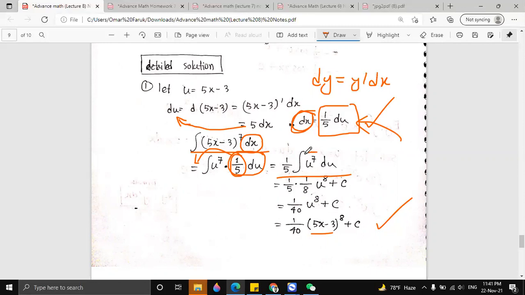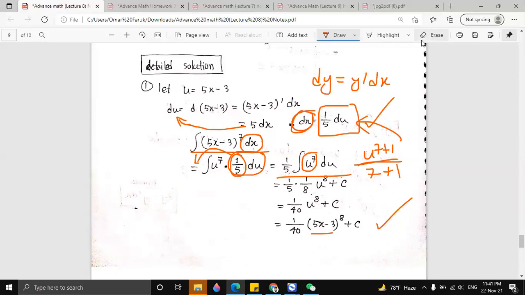And for the integration of u to the power 7, you already know that we just increase the power by 1 and divide by the new power, right? Remember the second formula? So it will be u to the power 8 by 8.